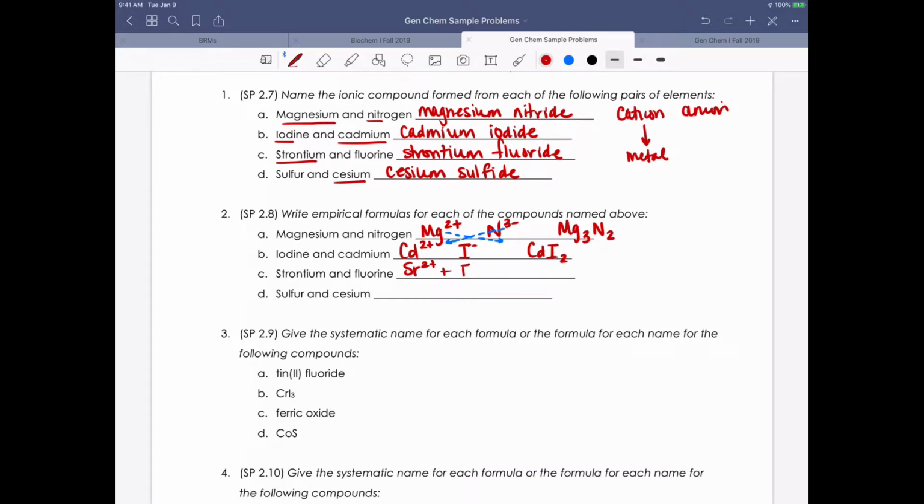Fluorine becomes fluoride as 1-. So that becomes SrF2. And then cesium here is going to be monovalent, where our anion is going to be divalent. And so we get Cs2S.